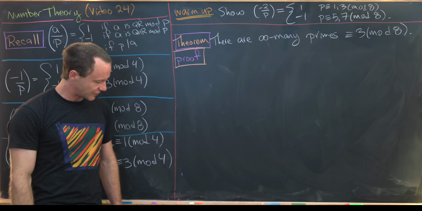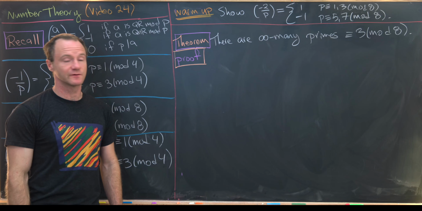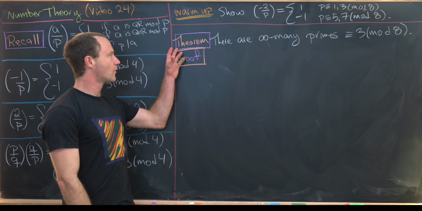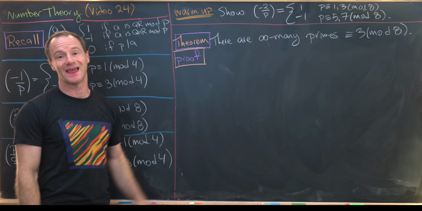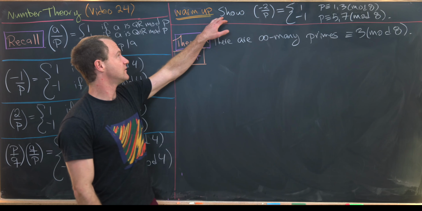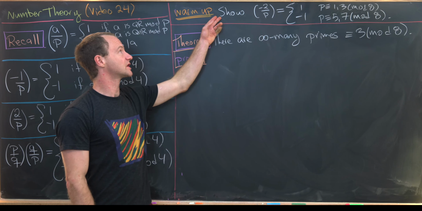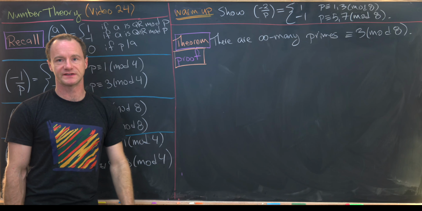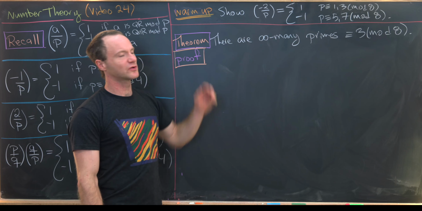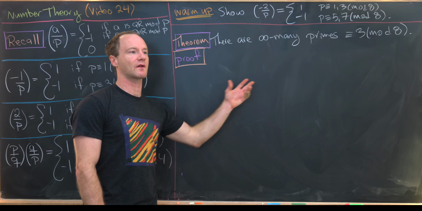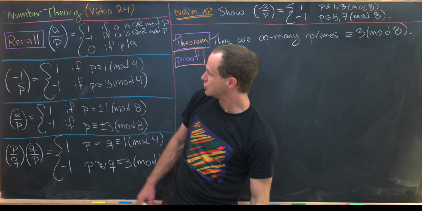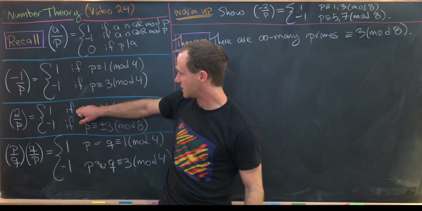Okay, we're going to finish this video off with one last application of quadratic reciprocity. But before we dive into that, which I've called a theorem, I want to give you a warm-up problem. I'm giving you this warm-up problem now because we're going to use this result within the proof of this theorem. This follows pretty similarly to our last example. It's just you do it with these two guys right here.